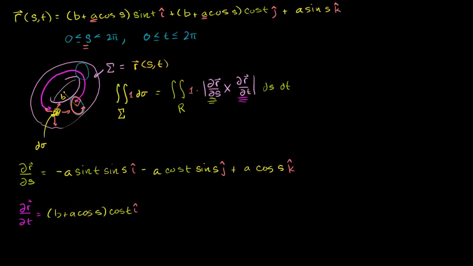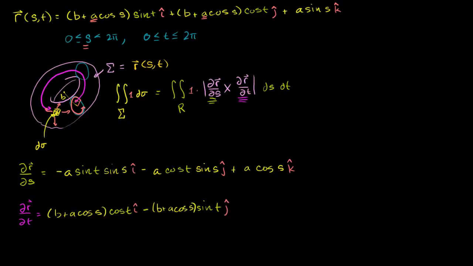And then plus, actually it's going to be a minus, because the derivative with respect to t is minus sine of t. So negative sine of t, and you're going to have this constant out there, b plus a cosine of s, that's a constant in t. The derivative of cosine t is negative sine of t, times j.